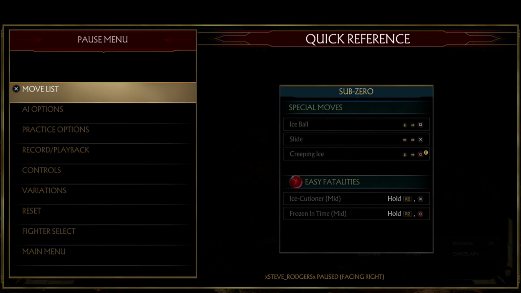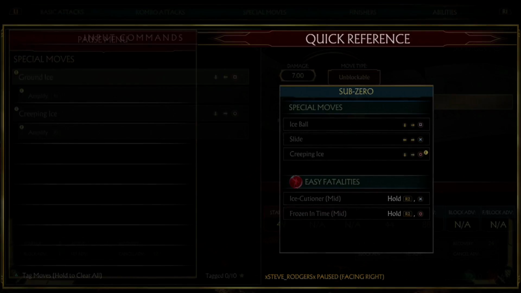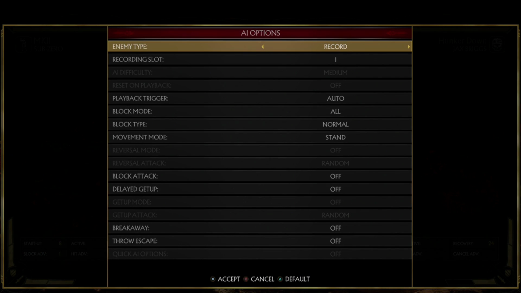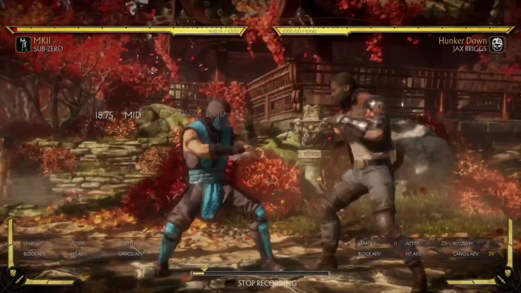This is because it counts as a special cancel. So even though you're doing a special into an amplify special, you're actually canceling out of these frames here. If you look at this attack here, it actually has 2 hits, right?